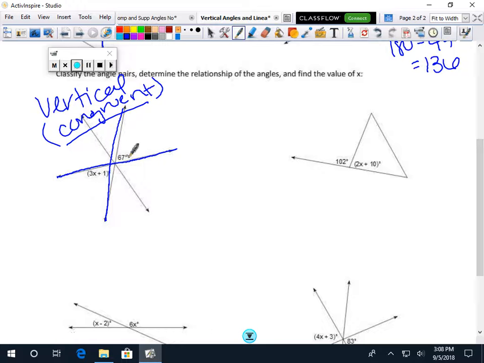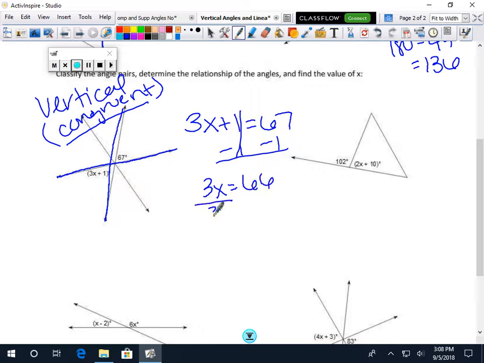So if this angle is 67, I know this angle down here is 67, but I want to solve for x. So 3x plus 1 is going to be equal to 67. Then all I have to do is solve for x. Subtract 1, 3x is equal to 66. I divide both sides by 3, and I get x equals 22.